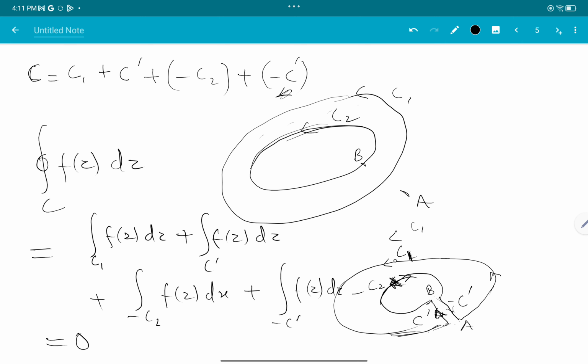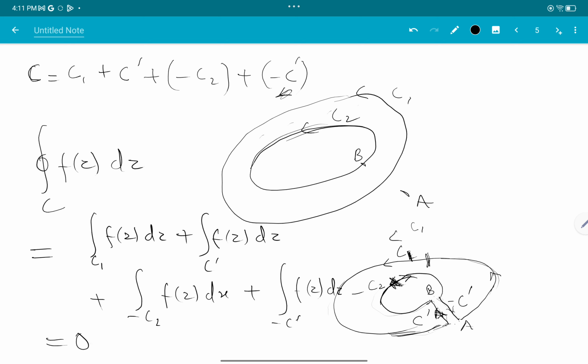It starts from this, goes into this, then goes here, then here, then comes again. See, it does not intersect with itself. That means it's simply connected. So this function fulfills all the conditions of Cauchy's integral theorem. Hence its integral will be 0.